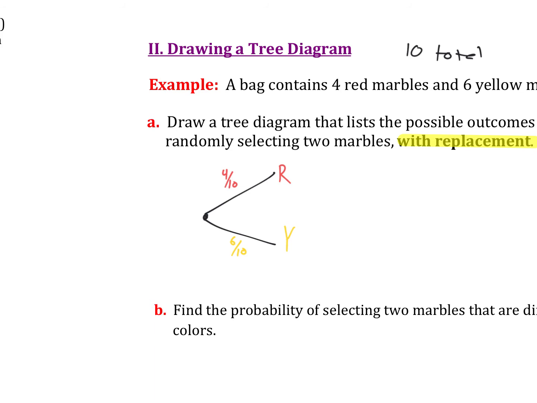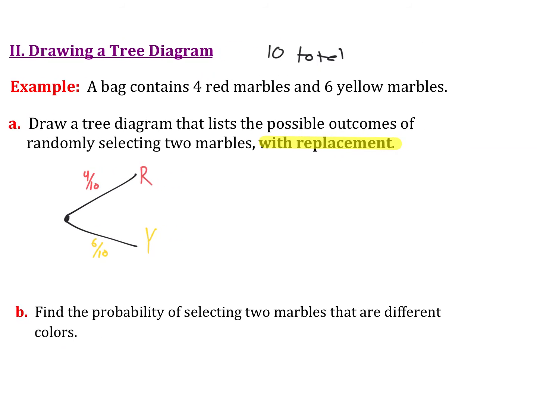Now, we're going to pretend we put that marble back, whatever we drew out, and we go in for a second marble drawing. So the second set of branches is going to represent the second drawing. If done correctly, these branches should have matching data.